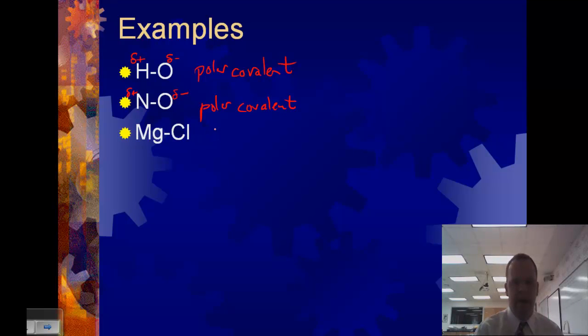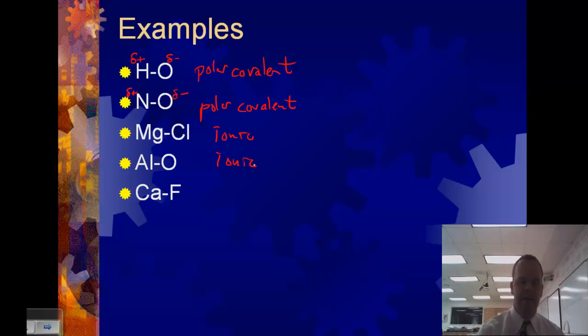Magnesium and chlorine, metal with nonmetals. This is going to be ionic. Chlorine will become a negative ion, magnesium will be positive. Aluminum and oxygen, once again, metal with nonmetal, so this is ionic. Calcium and fluorine, once again, metal with nonmetal, so it's ionic.